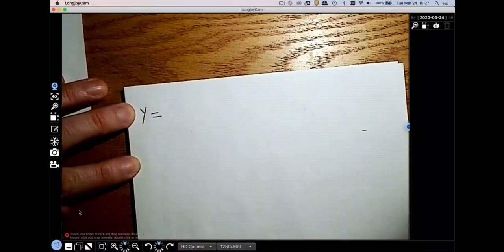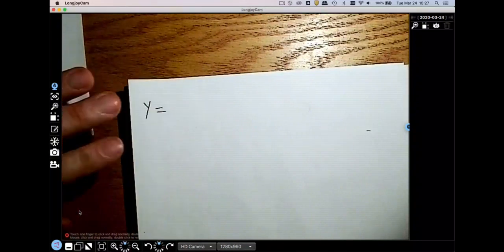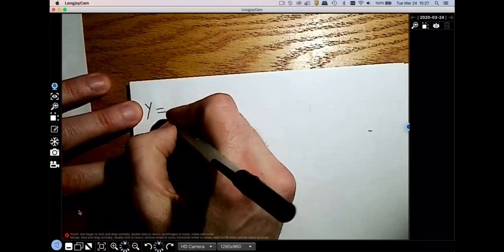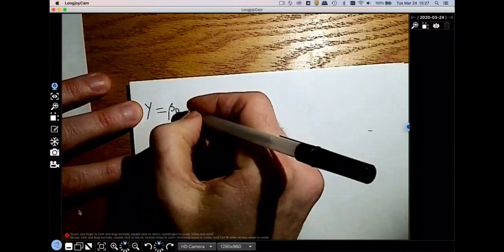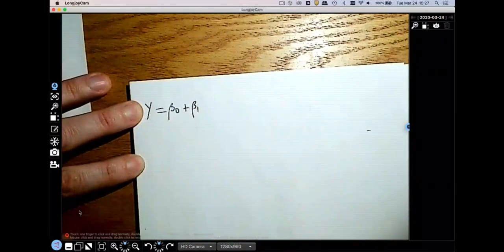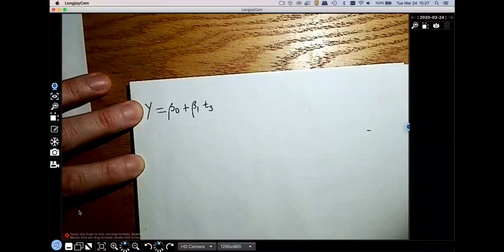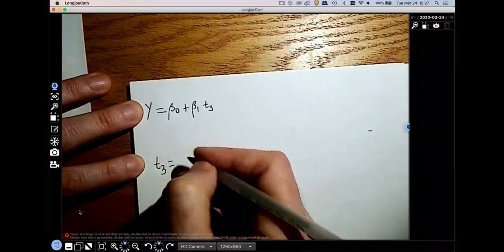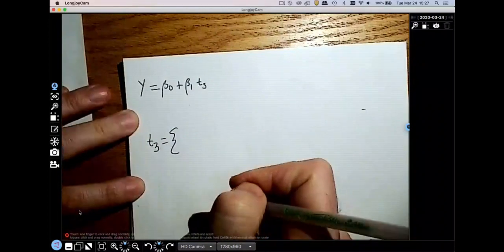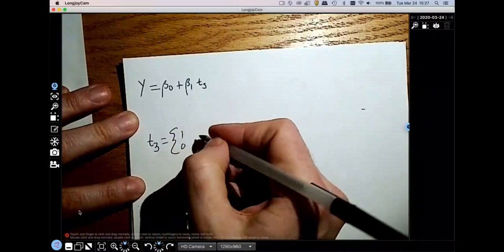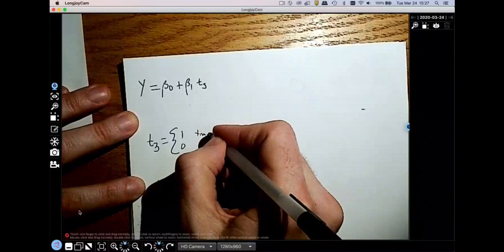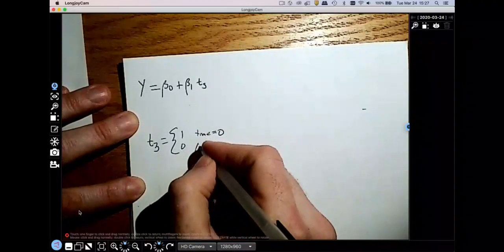So you could say Y, you could say acid, however you want to express the dependent variable is up to you. I'll just say Y for now. And remember, I had an intercept. Then I'm going to say that I have a time effect. So what is T3? T3 is a dummy variable that takes the value 1 if time equals 3, 0 otherwise.